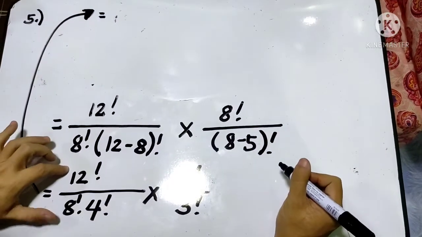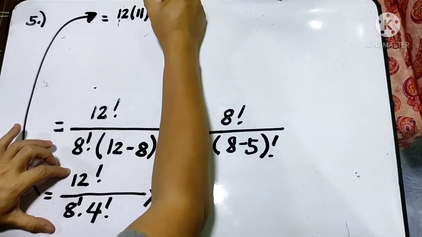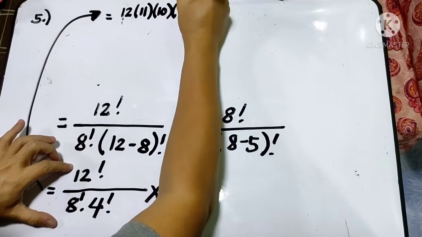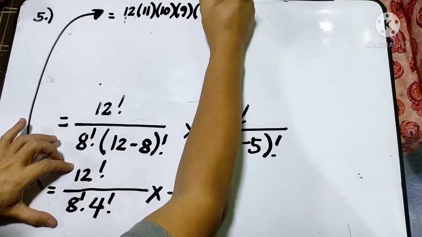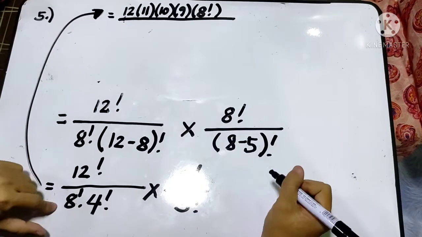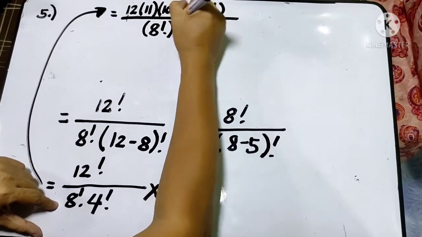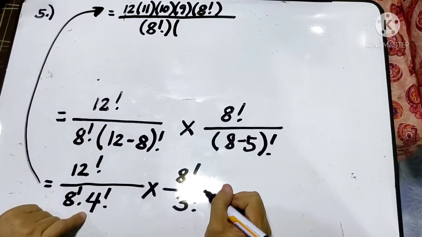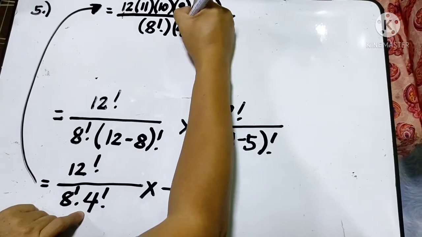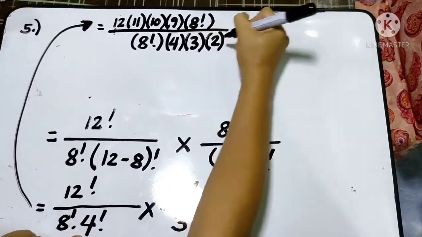This one will become 12 times 11 times 10 times 9 times 8 factorial. You stop at 8 factorial because there is an 8 factorial in the denominator to cancel. So 8 factorial. Then 4 factorial will be expanded, and that is 4 times 3 times 2.